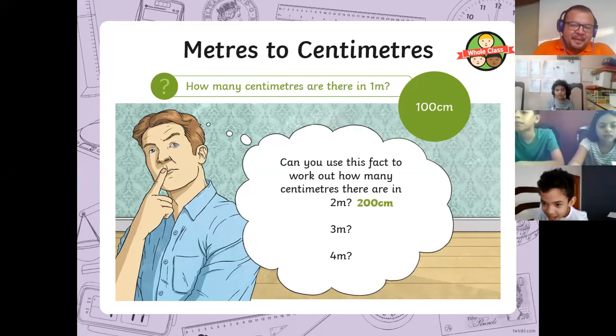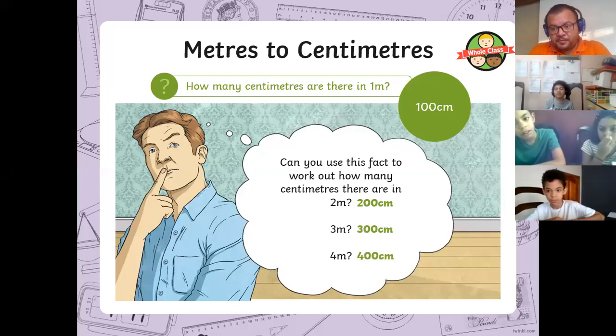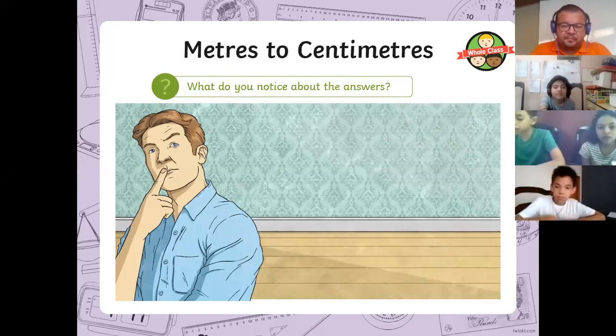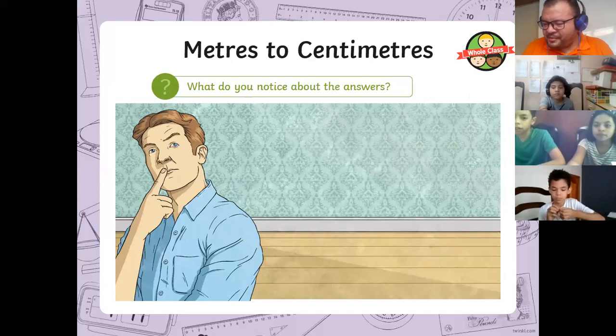Okay, 2 meters are 200 centimeters. 3 meters are 300 centimeters. 4 meters are 400 centimeters. So, what do you notice about the answers? The centimeters are smaller than meters. Aha, that is one, obviously.